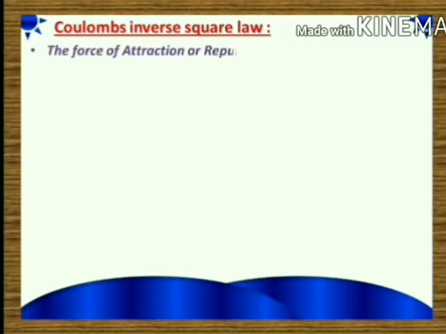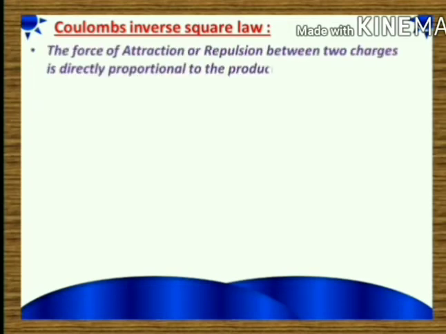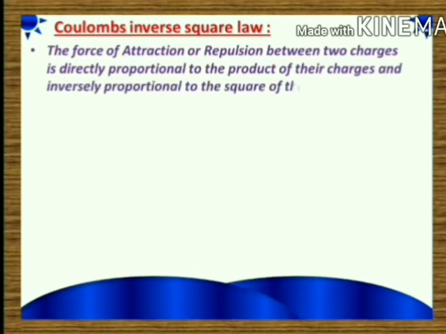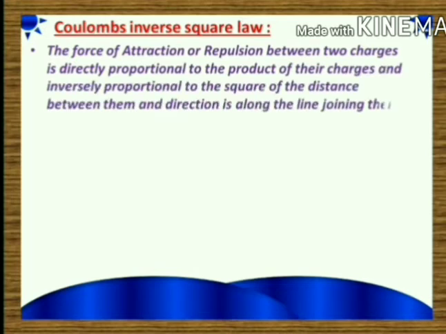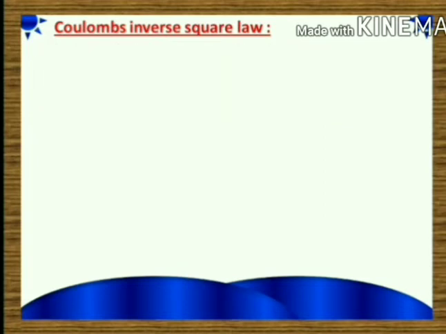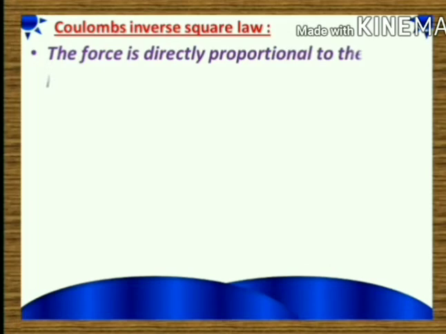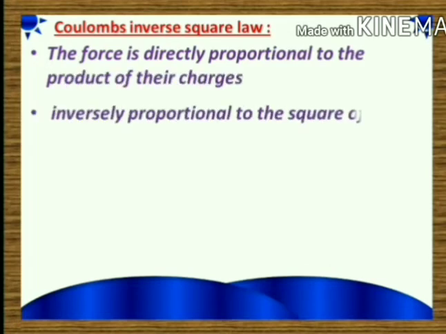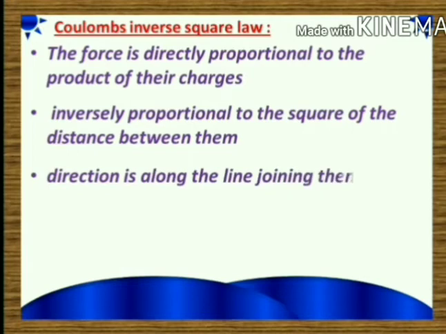According to Coulomb's inverse square law, the force of attraction or repulsion between two charges is directly proportional to the product of their charges and inversely proportional to the square of the distance between them. The direction of the force is along the line joining the two charges. See here once again, the force is directly proportional to the product of charges, inversely proportional to the square of the distance between them, and the direction is along the line joining them.